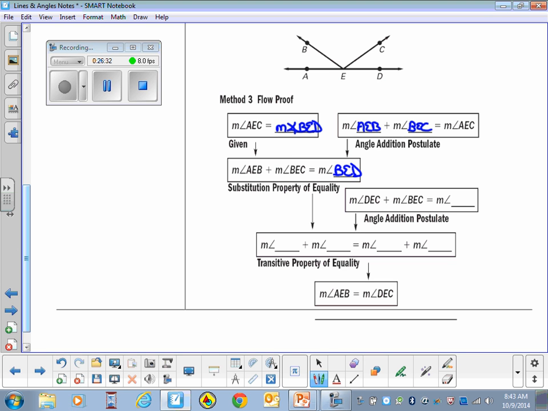We pick up angle addition postulate again and take our two statements to come together in transitive.